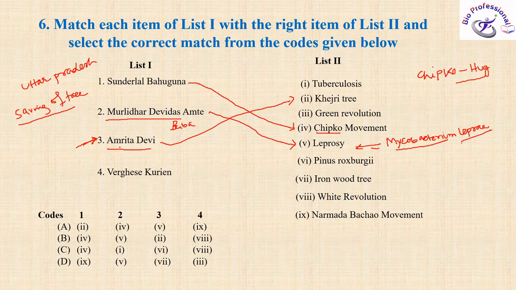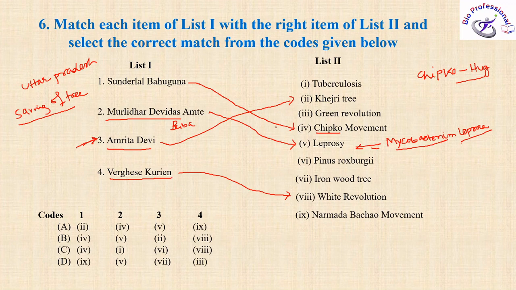That's why this name is related to the Khejri tree. Next is Verghese Kurien, known as the father of the white revolution, because he made dairy farming India's largest self-sustaining industry. So this is related to the white revolution.